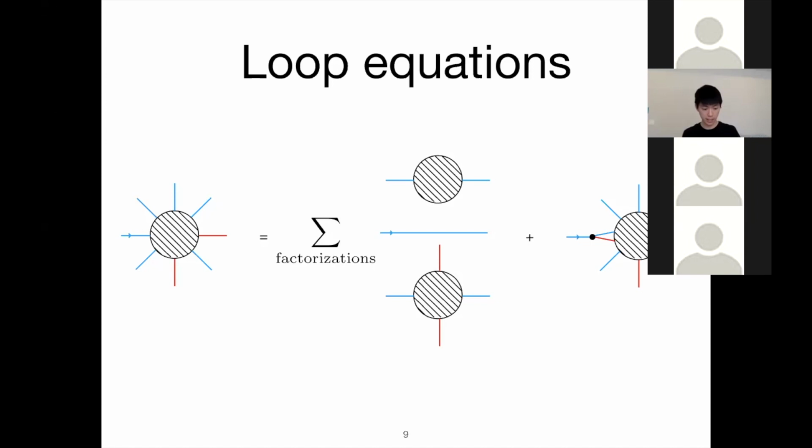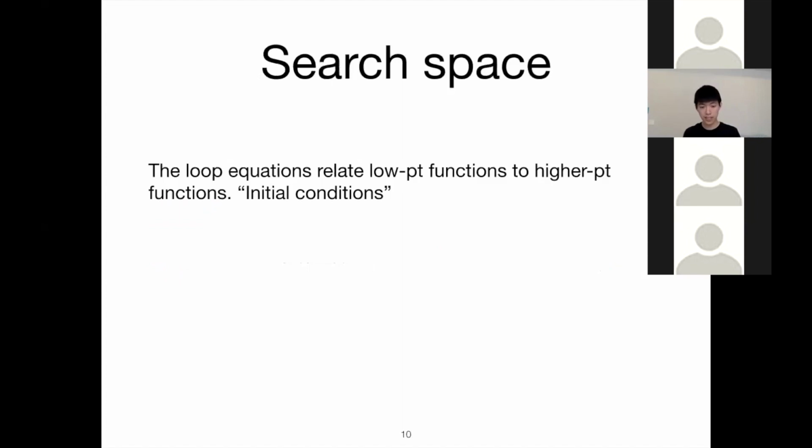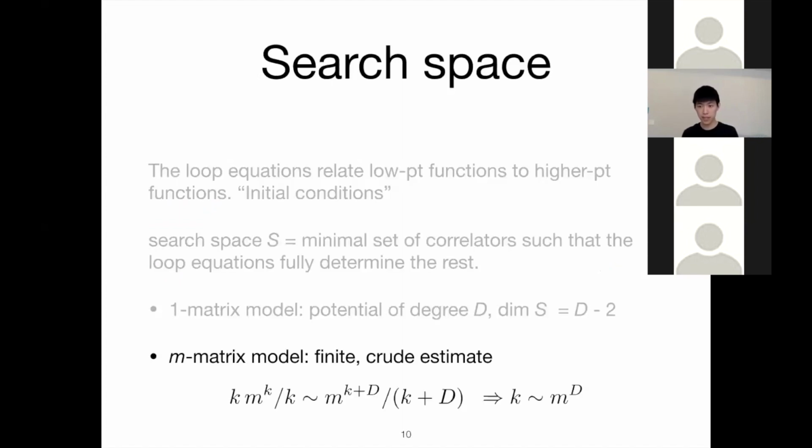Once again, if you look at this blob, you could enter this blob using any of the different edges, and that would naively give you a different loop equation. So that means that the number of loop equations that we roughly have for a finite degree is just m to the k. It's m to the k over k times k.